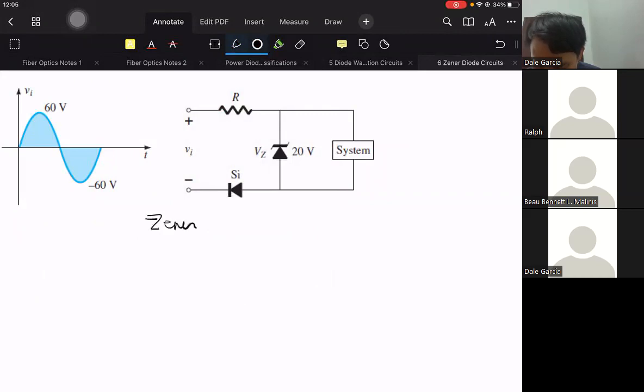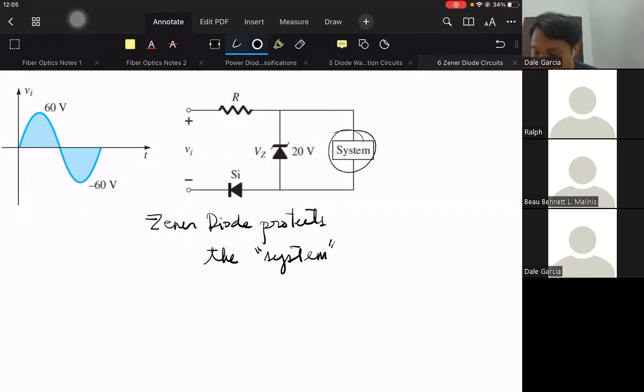The Zener diode protects the system. This system, whatever that may be, maybe a more delicate system, might be a computer system or a control system that requires a constant voltage of 20 volts.